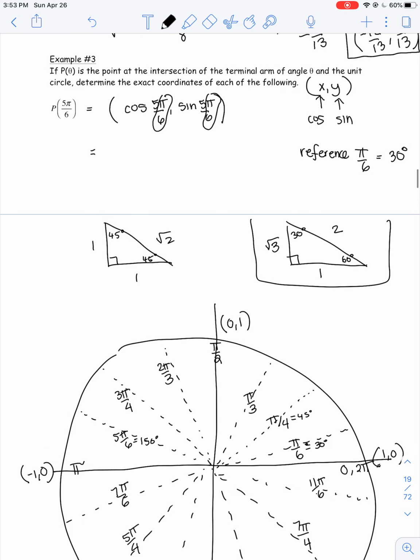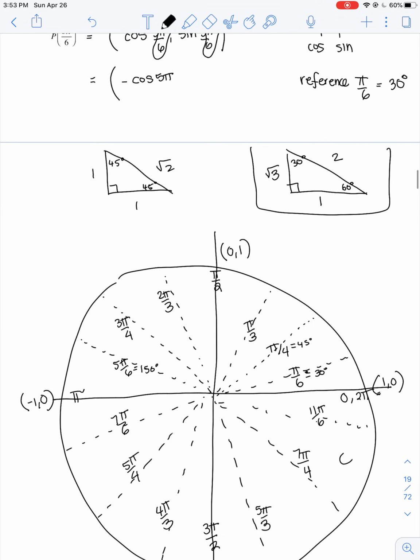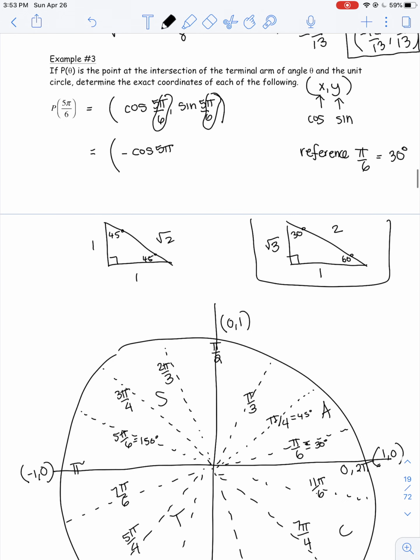So what we're really finding is that 5 pi over 6, guys, is in the second quadrant. So that means that cos is going to be negative in your second quadrant using the CAST rule. Okay, so since 5 pi over 6 is less than pi, we know that it's in the second quadrant, so I'm going to put negative pi over 6.